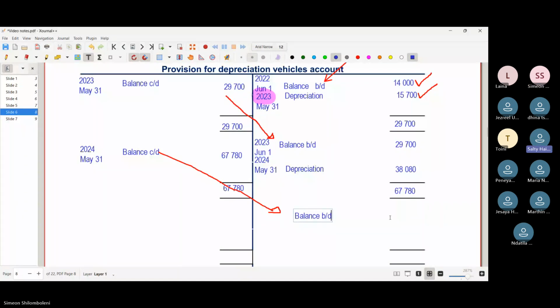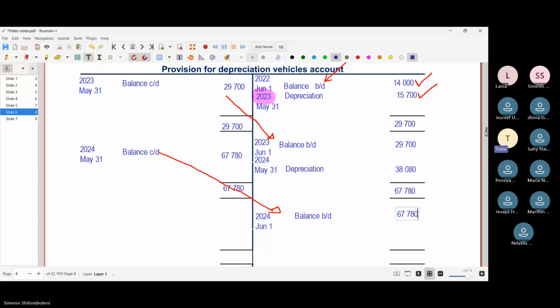And then the date: June the 1st. The amount: 67,780. Now what do I do next?